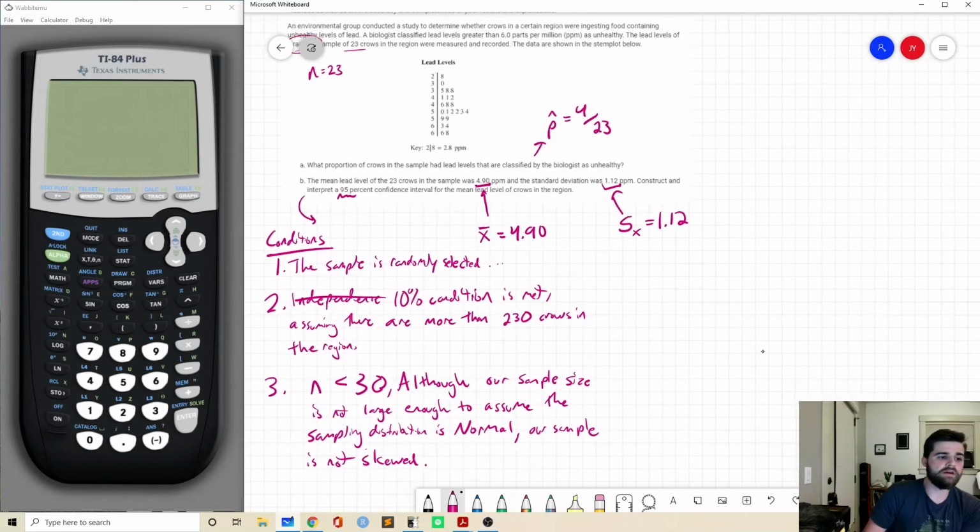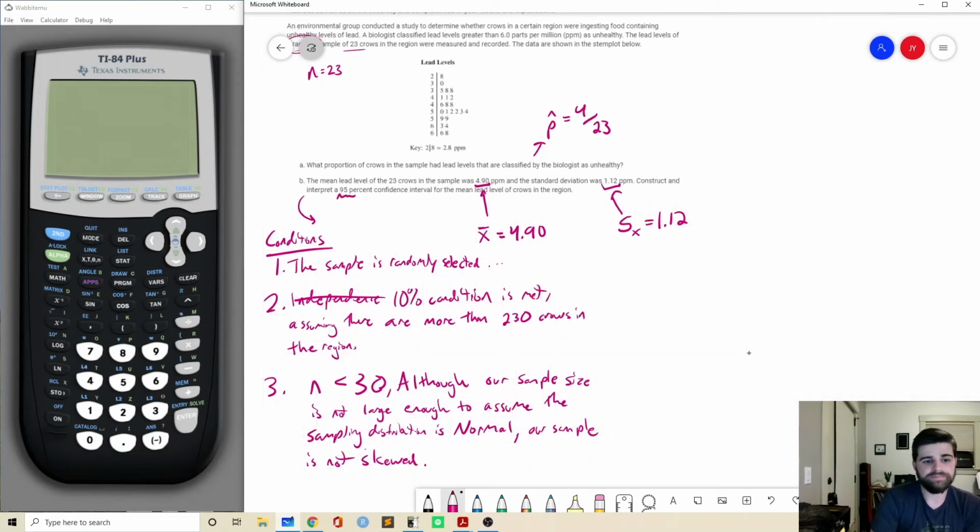Okay, so now we're ready to actually do our calculations. So we need to take our statistic plus or minus our critical score. In this case, we're actually using a t-score, and then times our standard error of the statistic. That's going to be s sub x over the square root of n. So this is your formula. On your formula chart, it will say this in words.